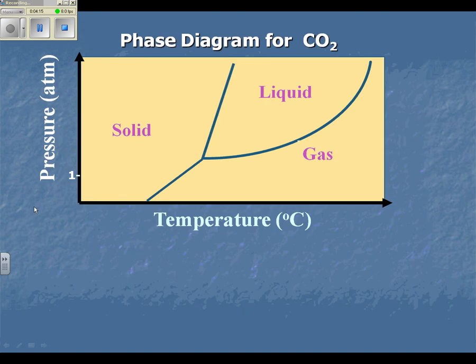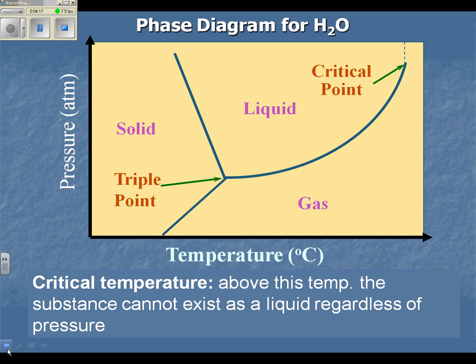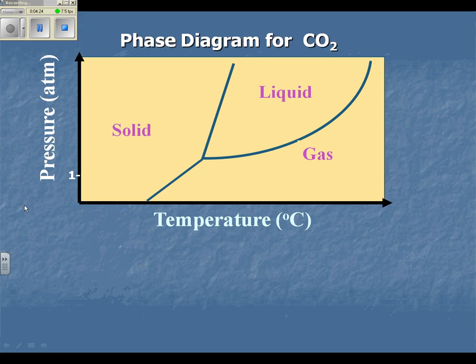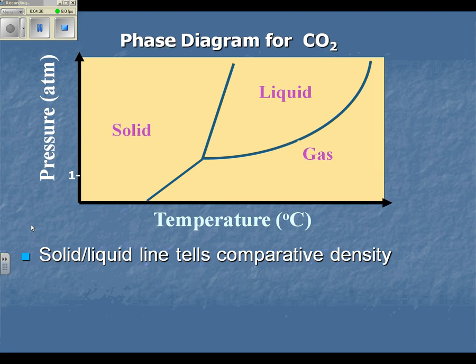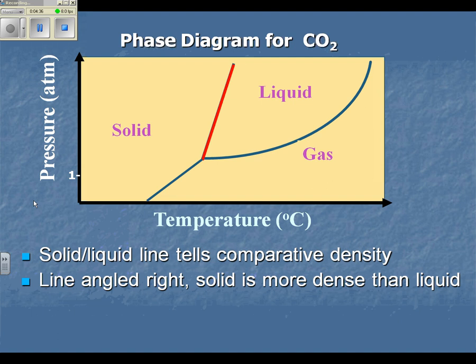Now, I'm going to back that up again. We go from the phase diagram of water, watch the shape of the curve, and we're going to go to a phase diagram of carbon dioxide. Notice that the solid-liquid line has changed, and it's going to tell us comparative density. It's leaning the other way. Line angled right, so the solid is more dense than the liquid.